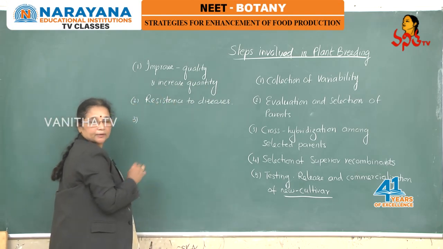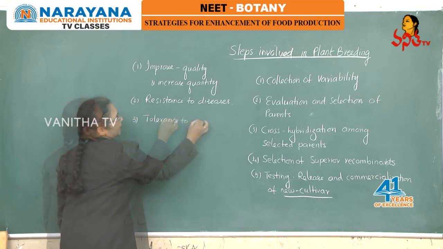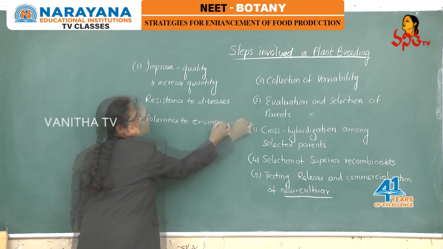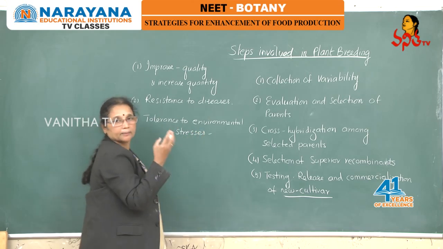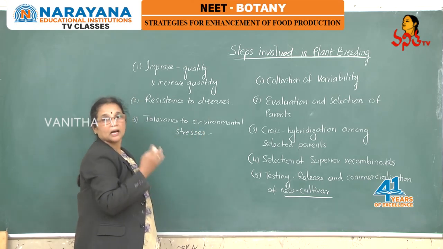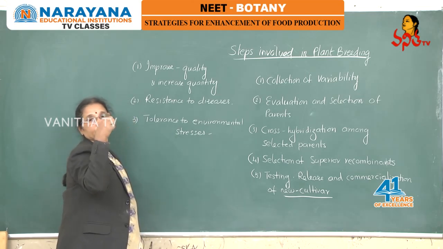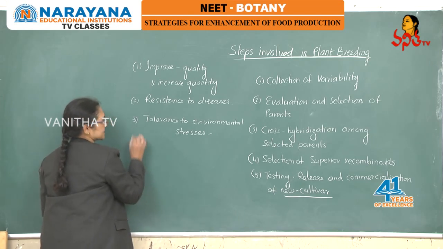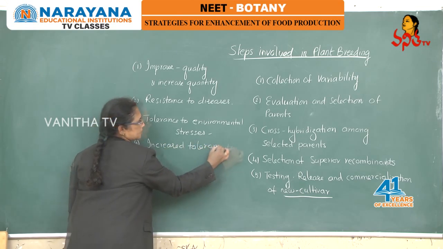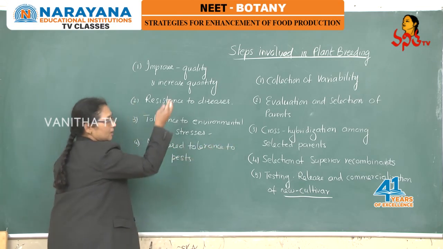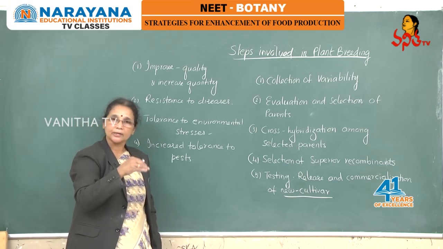And third trait he wants to incorporate is tolerance to environmental stresses, like high temperature, drought condition, high saline condition. All these are the characters he wants to incorporate. And fourth one is increased tolerance to pests.